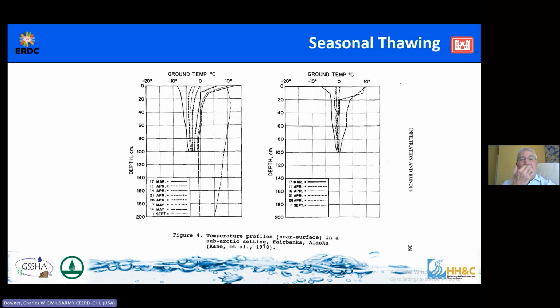From a different look at things, the horizontal axis is the ground temperature, to the left is negative and to the right is positive, and then it's depth. This is two different sites near Fairbanks, Alaska. Basically what it's showing is that you get this cone of thaw, and the one on the right really shows it well.